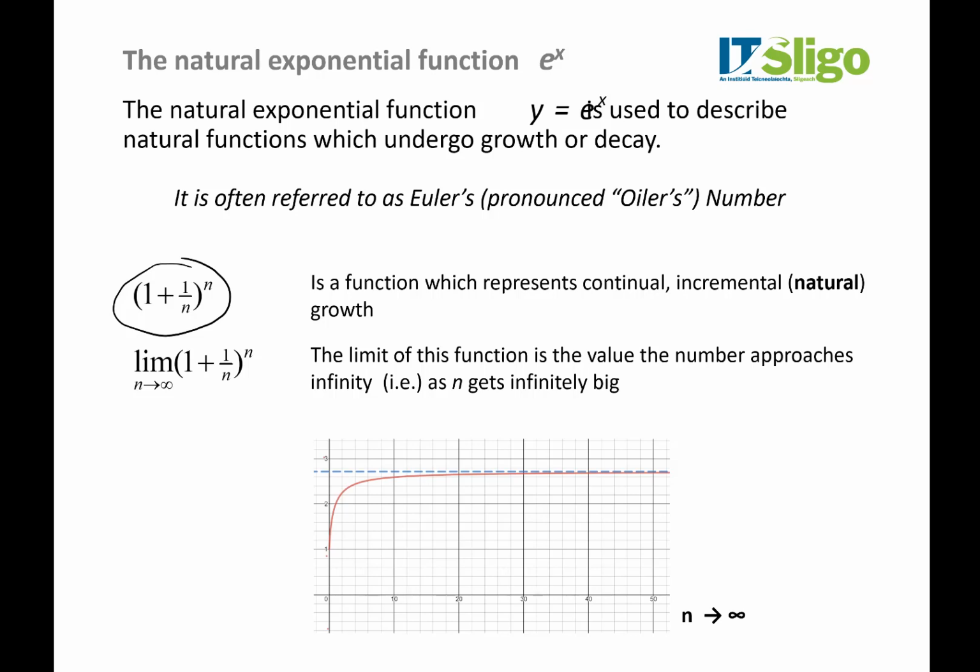So here we have the function. As n gets bigger and bigger and bigger, this is n here, the value of this gets closer and closer to this value here, 2.71828182846. It goes on forever and ever, just like pi.